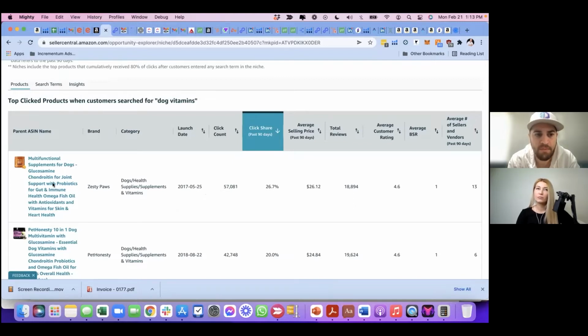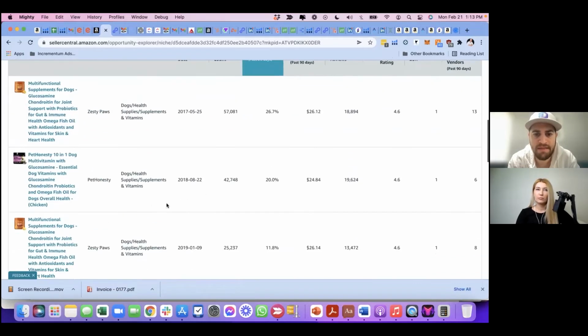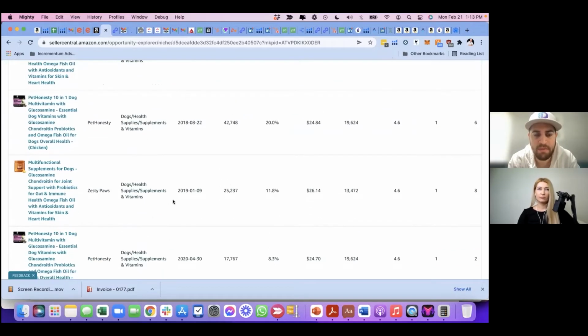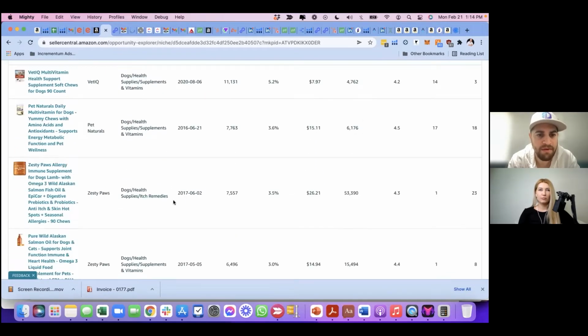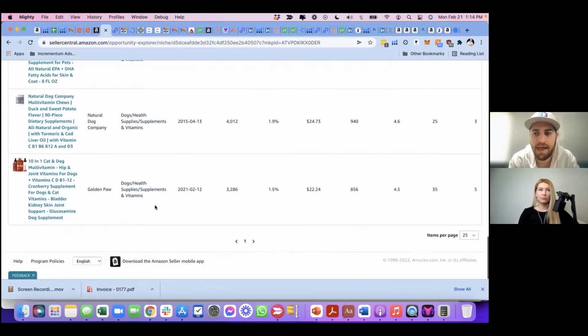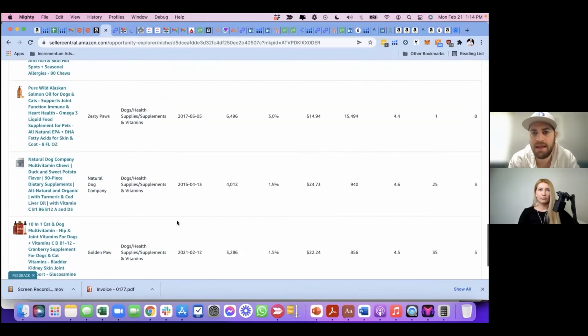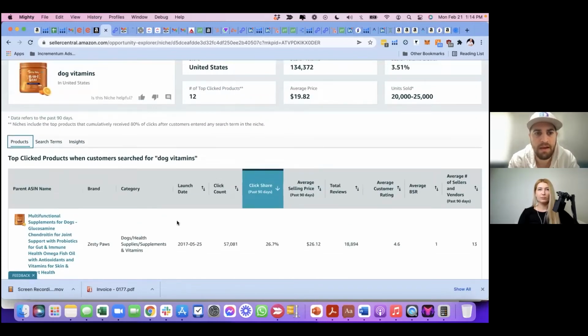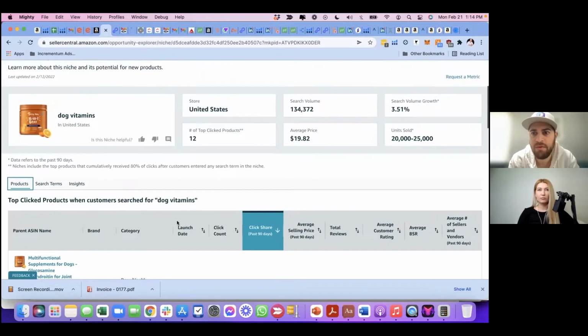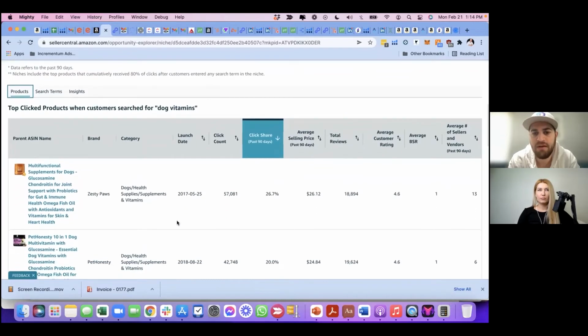So if I take the top one here, Zesty Paws, their number one product has 57,000 clicks, but then they have another one with 25,000 clicks, and another product with 7,500 clicks. So I can basically add up the amount of clicks that they have compared to the total clicks in this particular niche, and that gives me an indication.